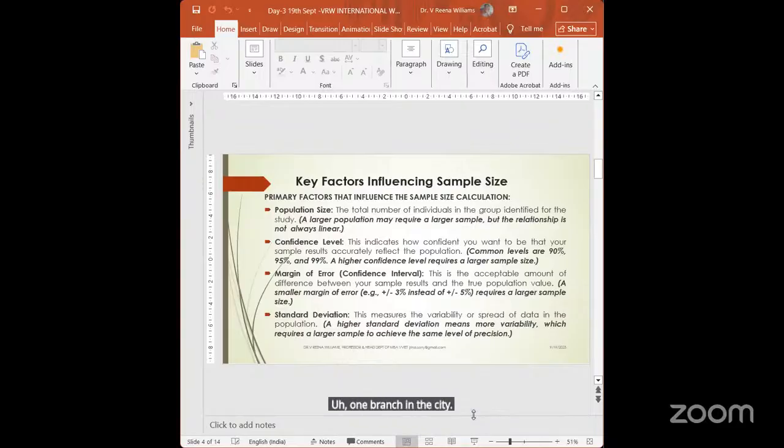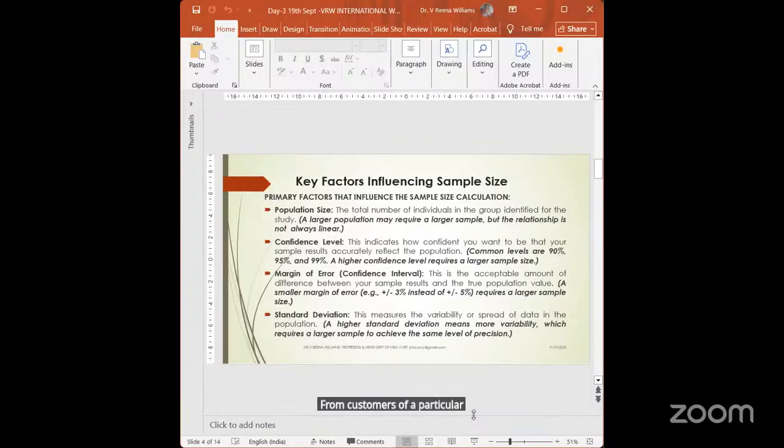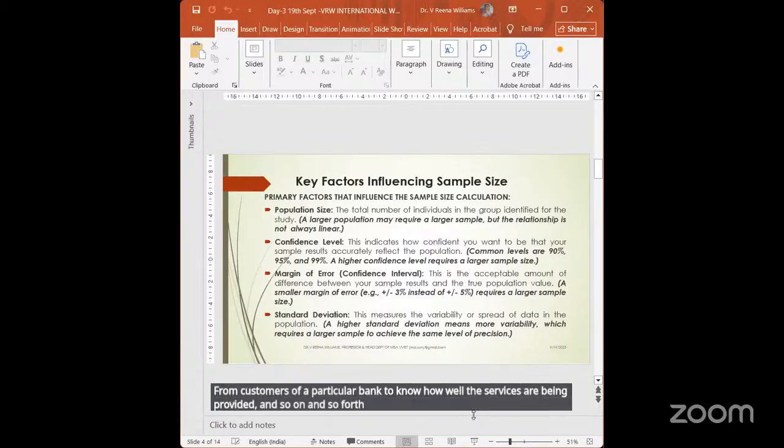Supposing I need to collect responses from customers of a particular bank to know how well the services are being provided, so that we can improve on the services, find out what the customers are actually looking for, include that in our services and make our bank much better.